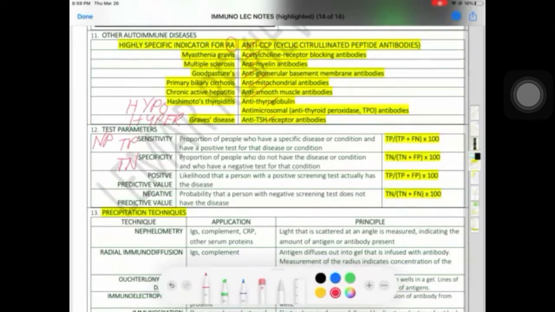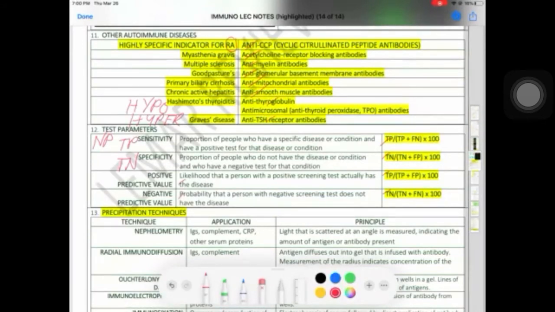So, huwag kakalimutan, pag sinabing sensitivity, proportion of people who have a specific disease or condition and have a positive test for that disease or condition, the true positive. Specificity, proportion of people who do not have the disease or condition and who have a negative test for that condition. Be sure, kabisado po natin yung mga formulas for computation of sensitivity, specificity, and the positive and the negative predictive values.